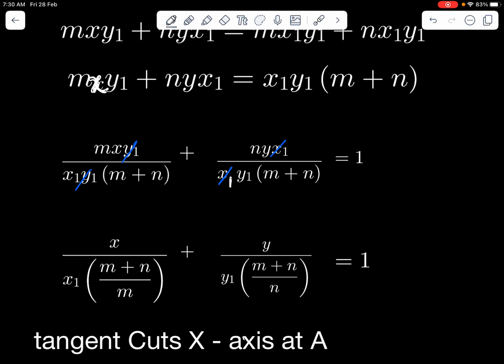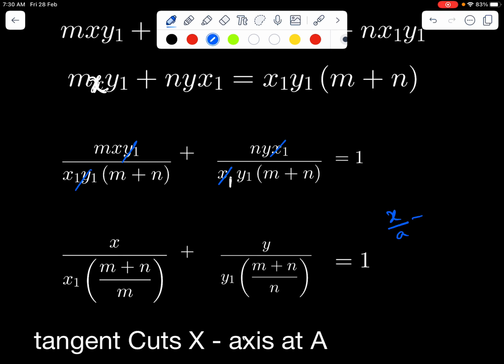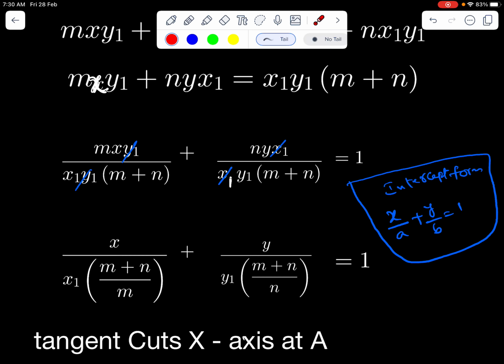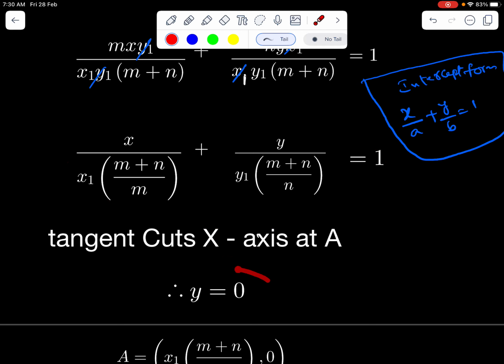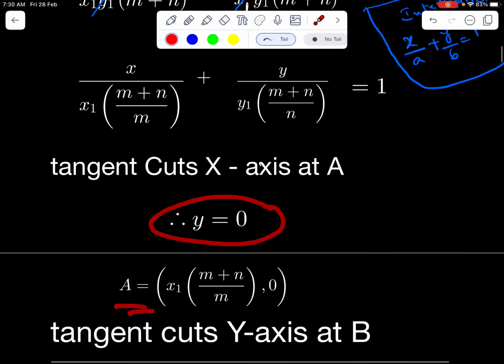It is in the form x/a + y/b = 1, the intercept form. Therefore, this line cuts the x axis at A, therefore y = 0. Therefore, A is x1(m+n)/m.